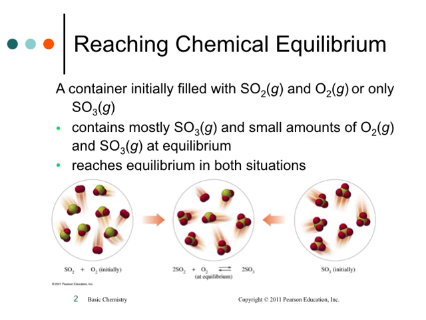So, a container is initially filled with SO2 and oxygen, or only SO3. So what's going to happen? If it's initially SO2 plus oxygen, they're going to bump together and make SO3, which is a product of these two reactants.